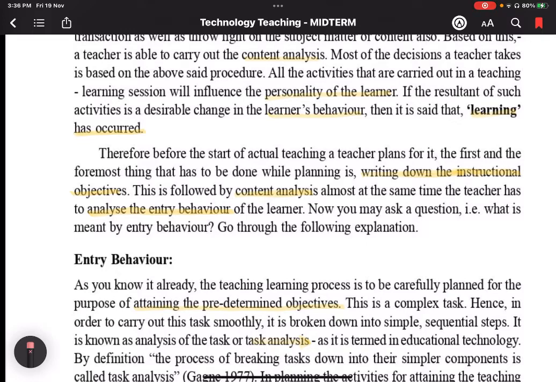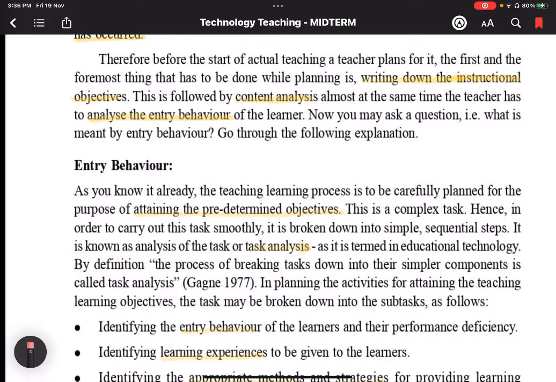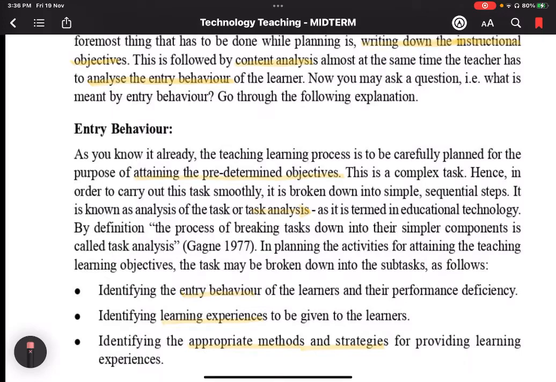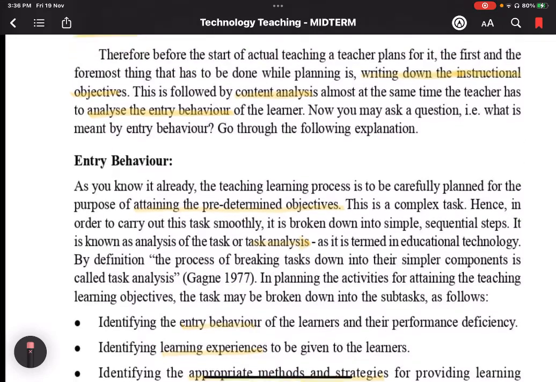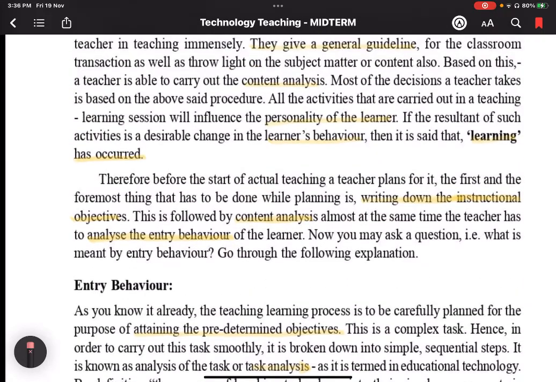So yung entry behavior is yung behavior ng students nang pumasok siya ng school o nang pumasok siya sa isang class, at yung kanyang current behavior ay yung ending behavior niya, okay, is yung result, no, after na matapos niyang isang course, no. So by comparing those two behavior, then we can know, no, the progress the students had acquired, no, while taking the course or the lesson.